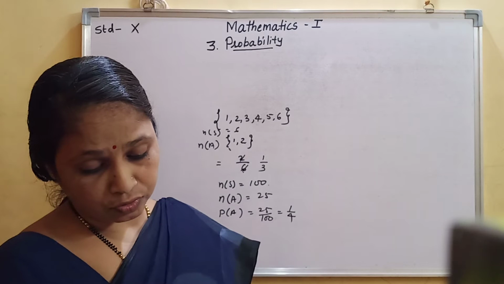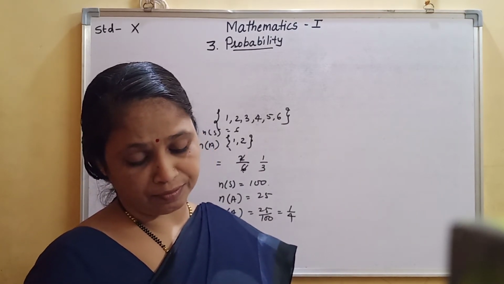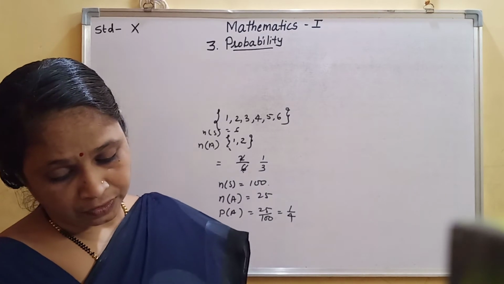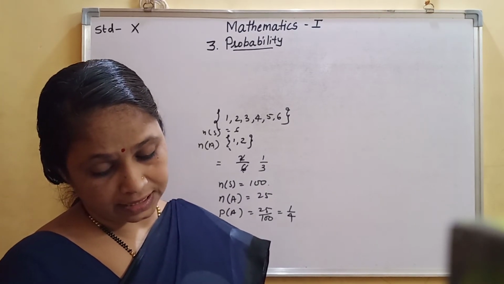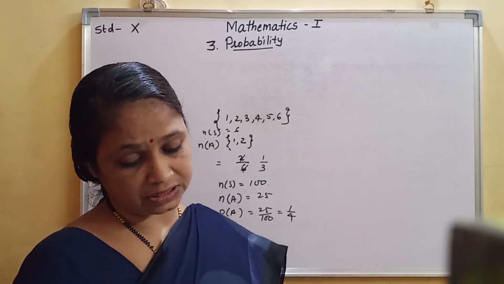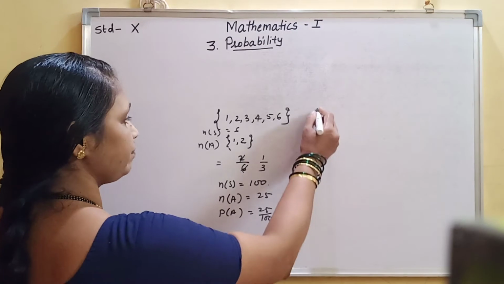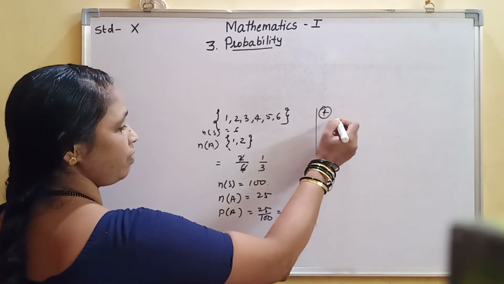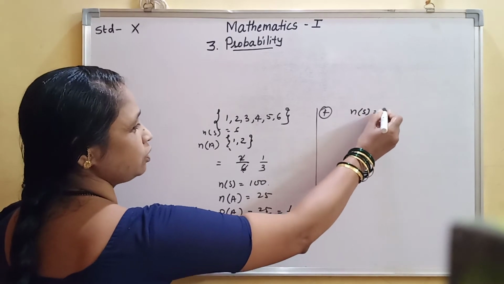Now the fourth question: there are 40 cards in a bag, each bearing a number from 1 to 40. One card is drawn at random. What is the probability that the card bears a number which is a multiple of 5? With cards 1 to 40, n(S) is equal to 40.